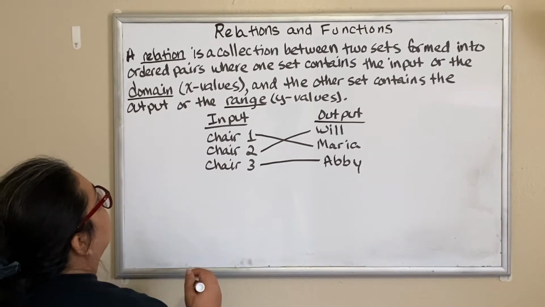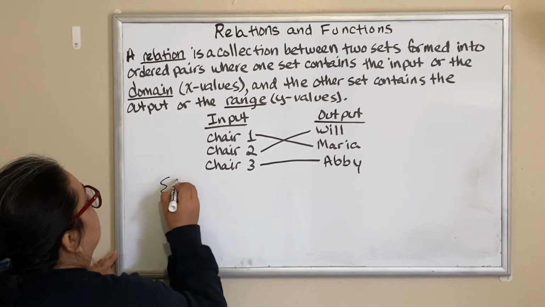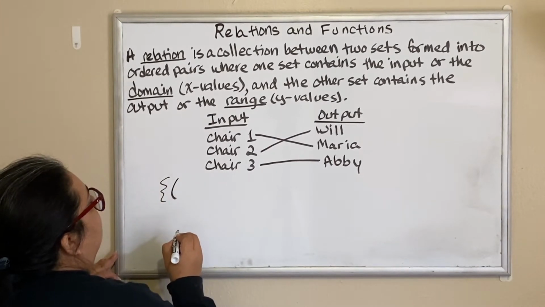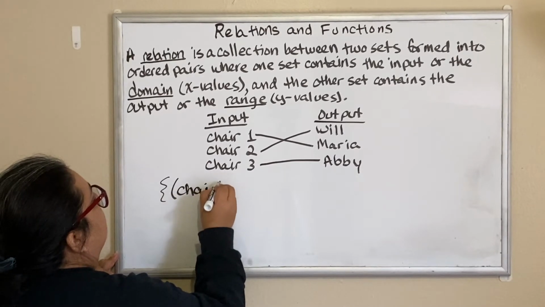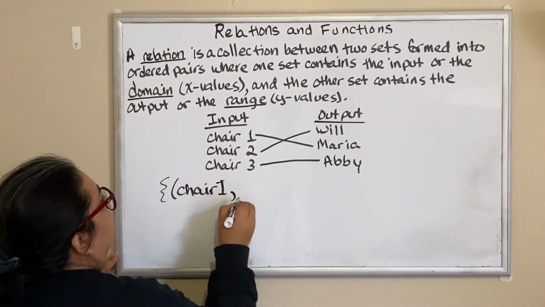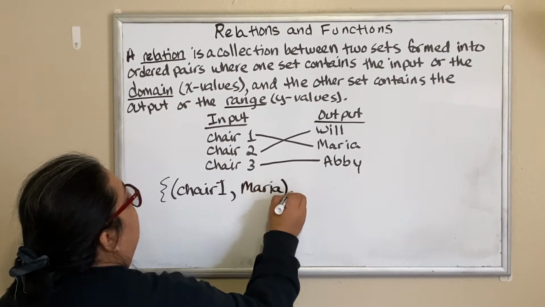So now if we were to write these in ordered pairs, I would have the set, and then I would have an open parentheses, and then I would have chair 1 for my x value, and Maria for my y value.